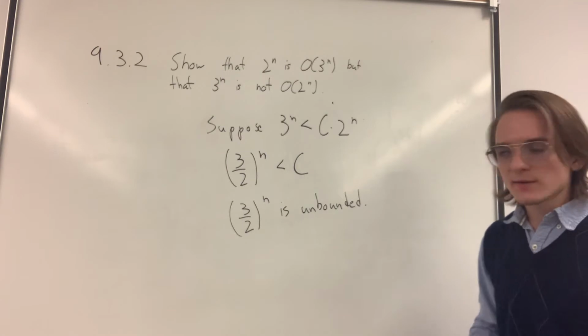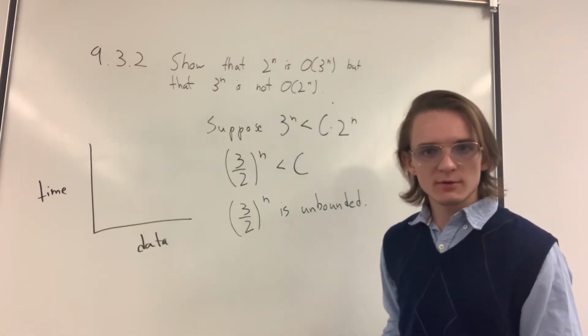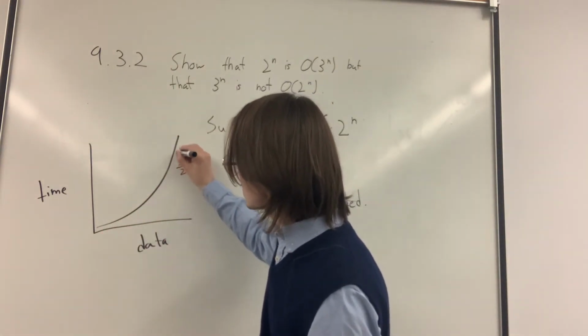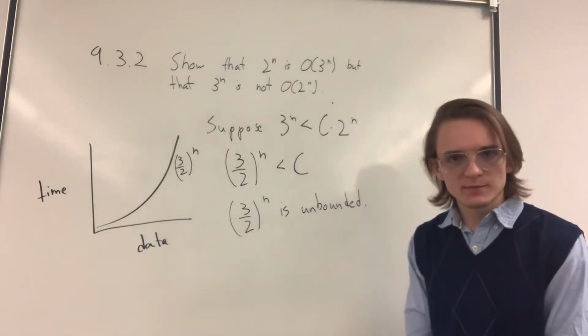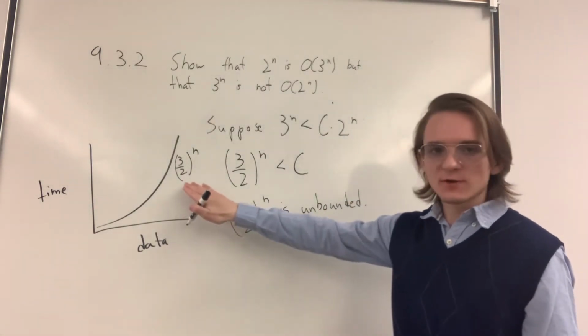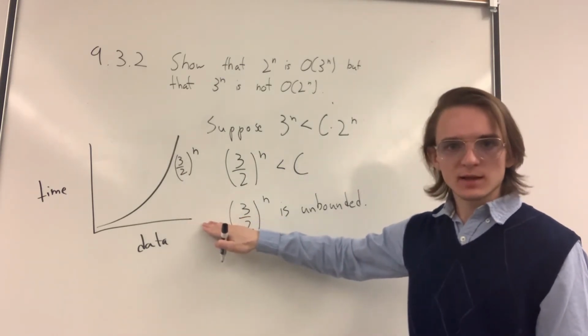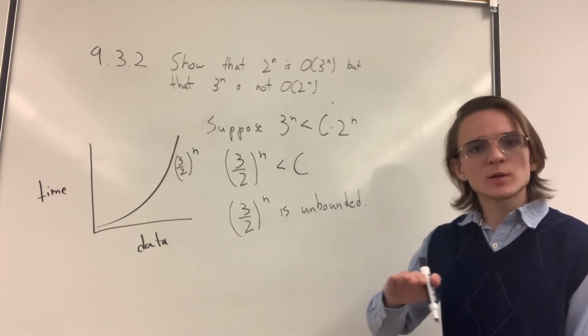And again, we can plot it. First, let's plot 3 over 2 to the power of n. Do you see the issue here? Well, because this function is growing exponentially, at every data point we input, it's always going to be higher and higher and higher. So it's never going to plateau.